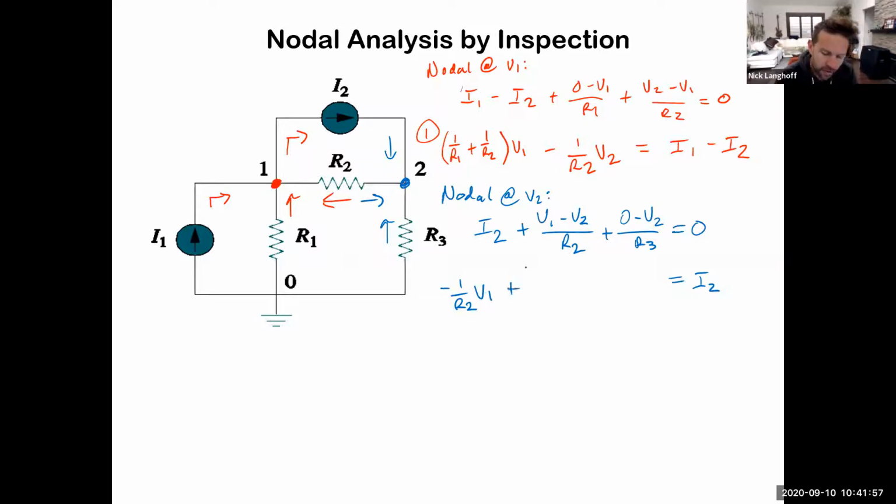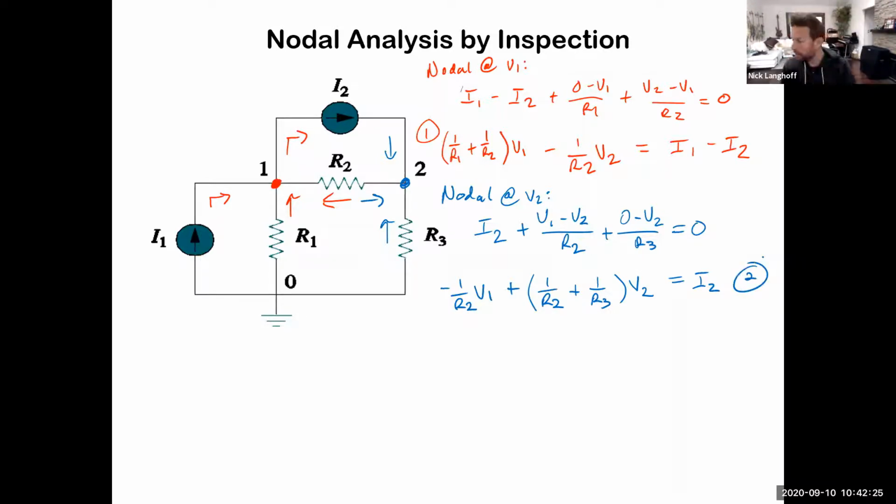And on V2, you'll notice that we have V2 over R2 and V2 over R3, so we're going to get a plus (1 over R2 plus 1 over R3) times V2. And all of that is equal to I2. Okay, and that's our equation 2.